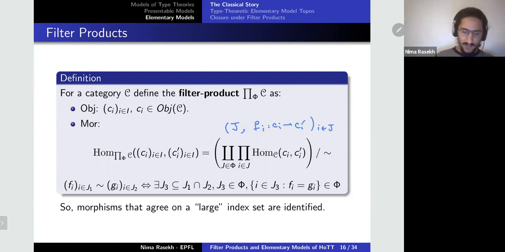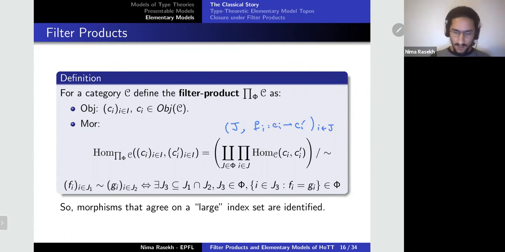And now I give it an equivalence relation: two such indexed maps are equal if they agree on a large subset. In other words, they only differ on a small subset, so they're only different on the complement of J. So it's like almost-equal functions.